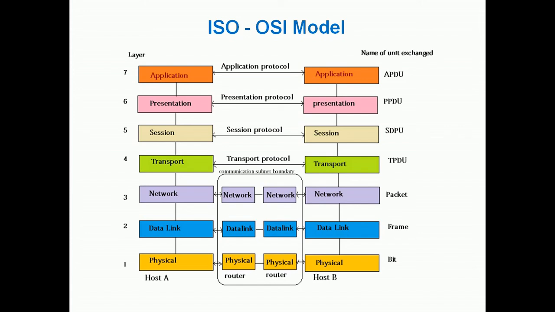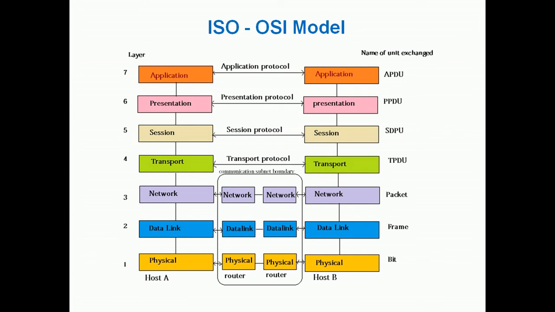So we will discuss how this model is used. There are 7 layers in this model, and using these 7 layers, data is communicated from one device to another device in any network.